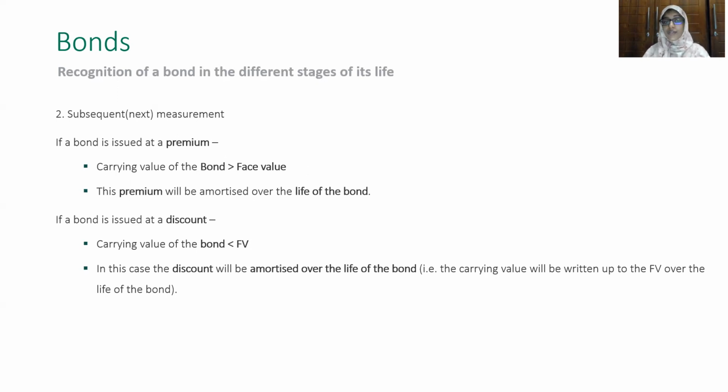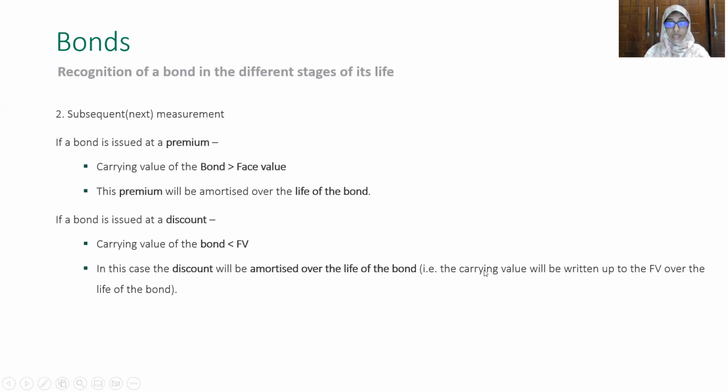Now in the case of a discount, the discount will be amortized over the life of the bond, and the carrying value will be written up to the face value over the life of the bond. Even though the carrying value is less, we won't be amortizing only the carrying value.